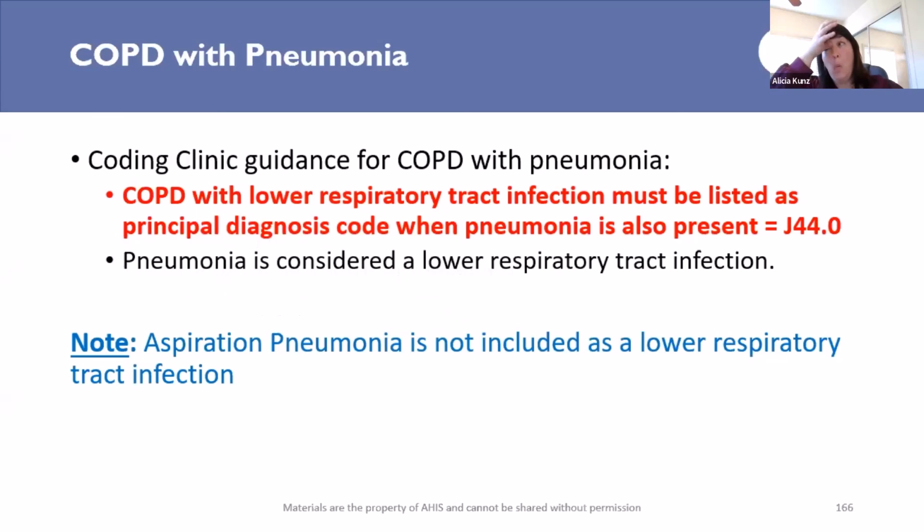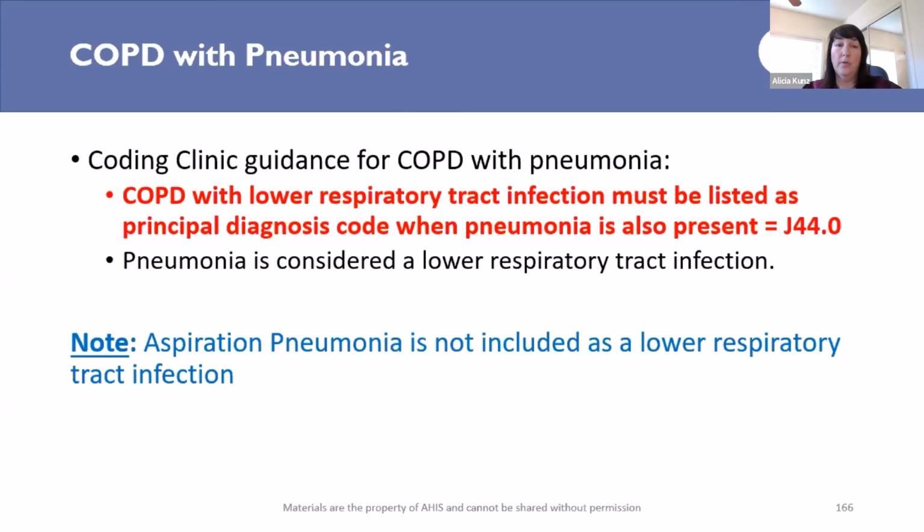Okay, so one of the things I wanted to make you aware of is this particular guidance for coding somebody who has COPD with concurrent pneumonia. So coding clinic guidance for COPD with pneumonia is as follows. If you have somebody who has COPD, chronic obstructive pulmonary disease, and they have an active case of pneumonia, you should assign code J44.0, COPD with lower respiratory tract infection, first as your principal diagnosis, and then also code the pneumonia as a secondary code.